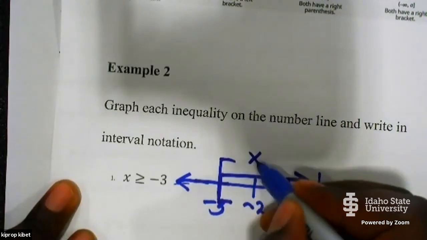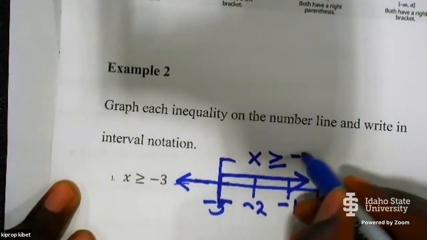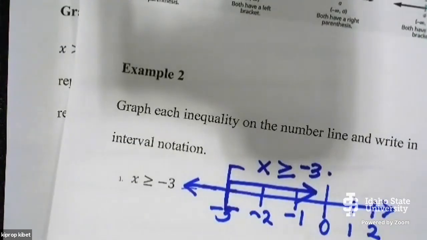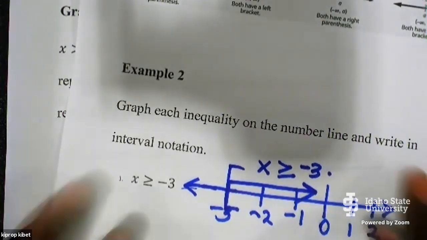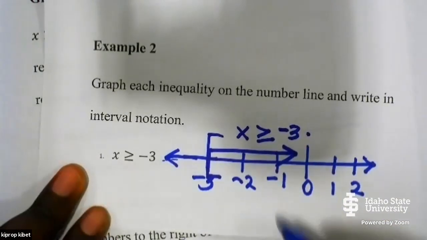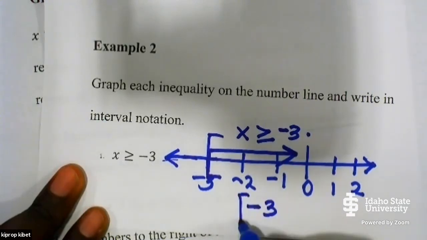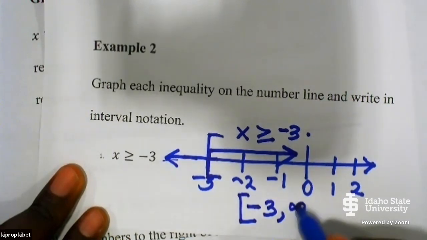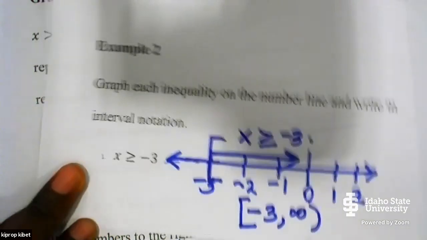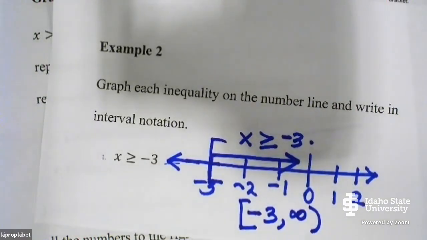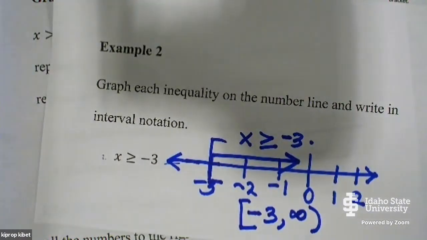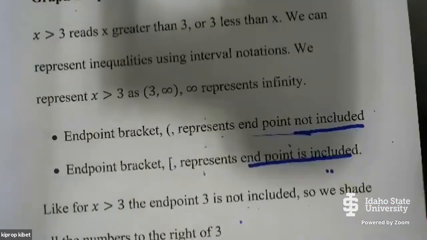So this is x is greater or equals to -3. Then in terms of interval notation, we start from -3, and then it is like that, and then infinity, and that one is like that. Okay.